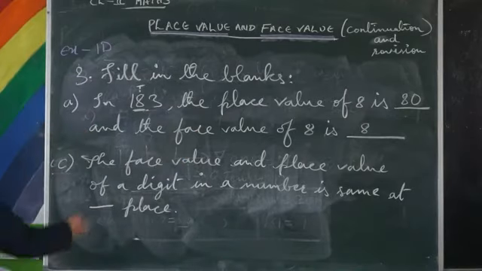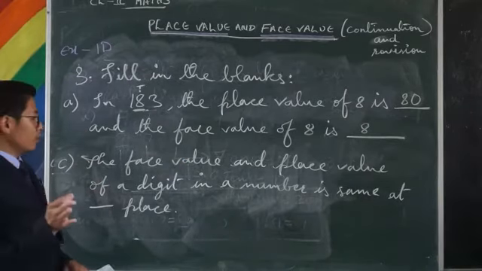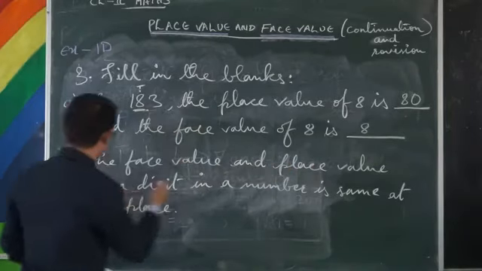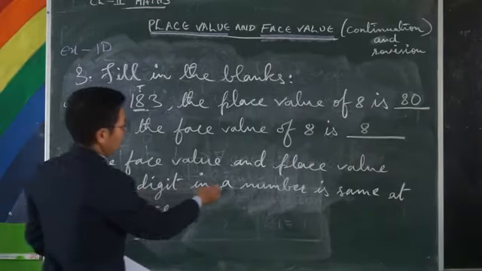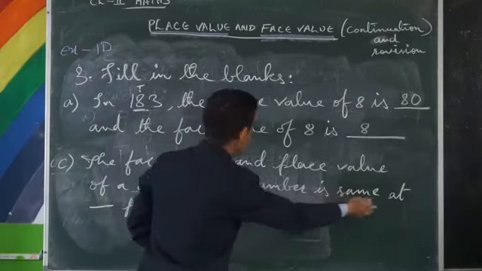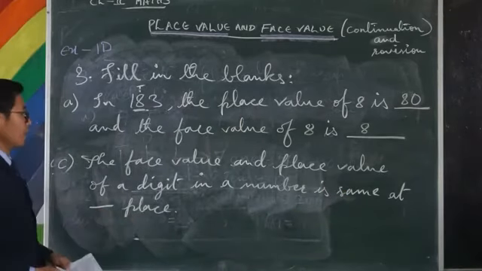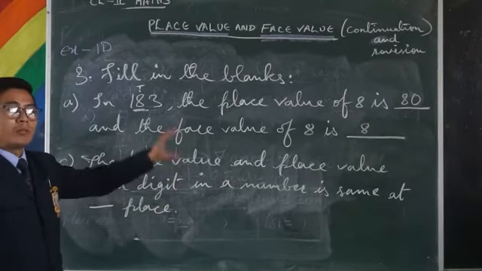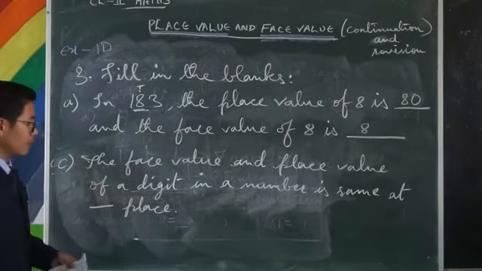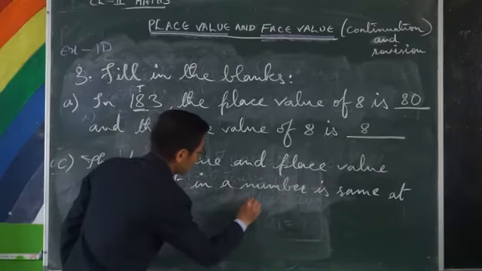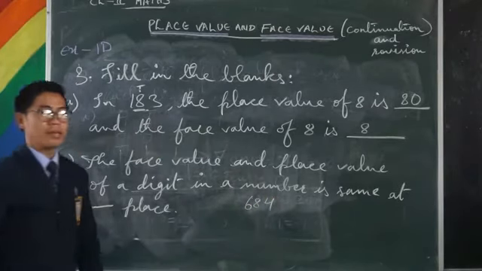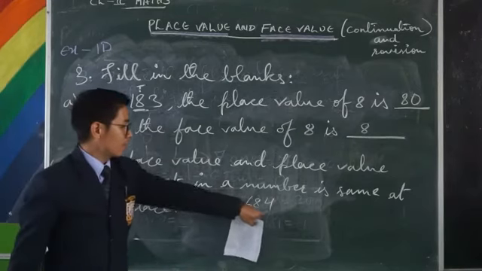Now, please try to understand the question. The face value and the place value of a digit in a number is same at dash place. It is asking in which place the place value and the face value will remain the same. Let's take an example, 684.